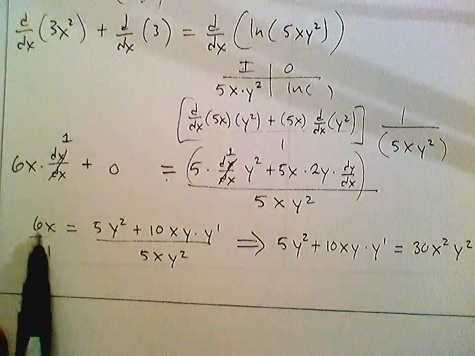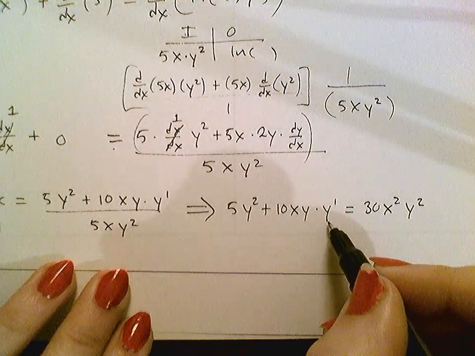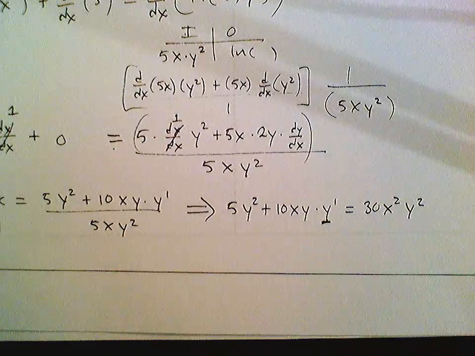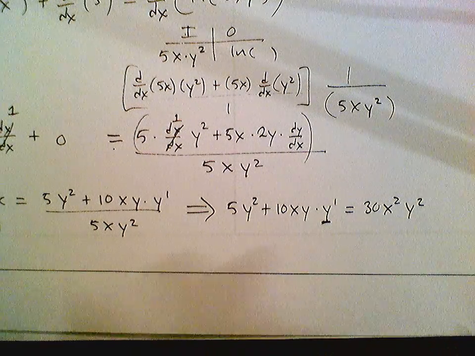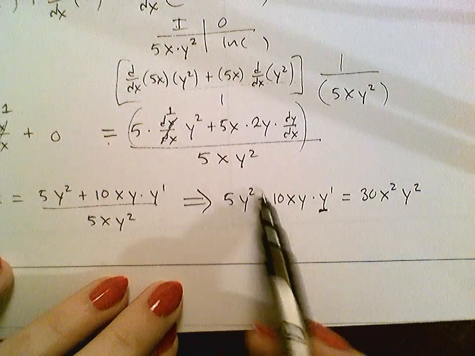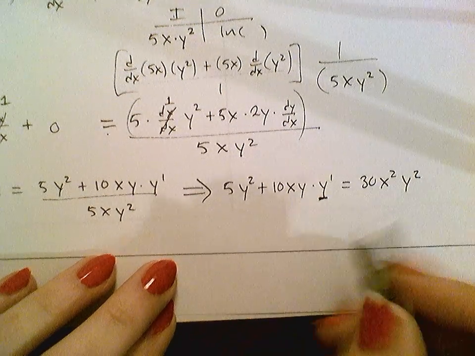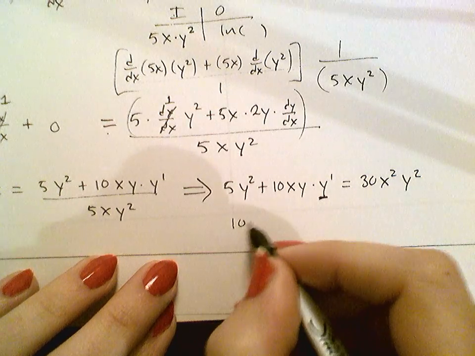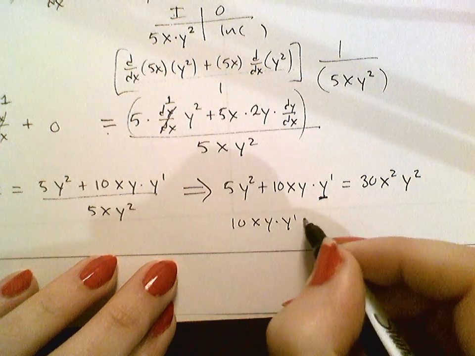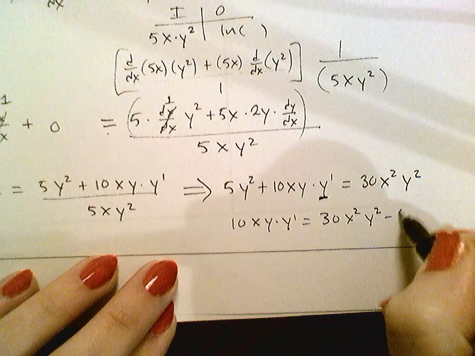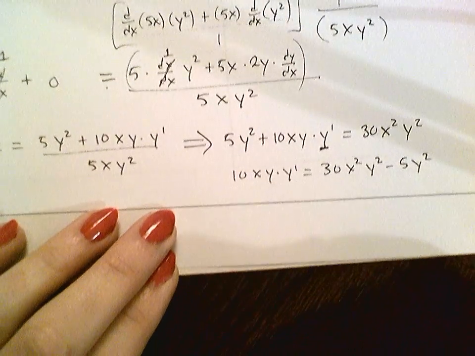5xy times 6x. Now I'm solving for y prime, and good thing it's only in one location, so it's not like I have to get the y primes on one side and factor it out and all that. So I'm going to subtract 5y squared from both sides, and then I'll divide both sides by that. So I'm going to end up with 10xy y prime equals 30x squared y squared minus 5y squared.